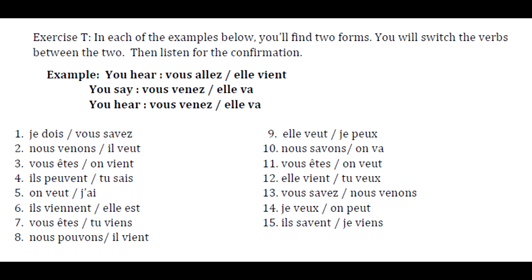3, vous êtes, on vient. Vous venez, on est. 4, ils peuvent, tu sais. Ils savent, tu peux. 5, on veut, j'ai. On a, je veux. 6, ils viennent, elle est. Ils sont, elle vient. 7, vous êtes, tu viens.